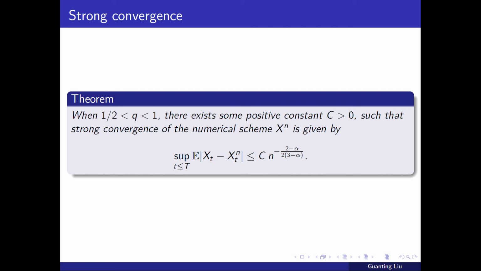When Q is between half and 1, we have the following strong error, with the convergence rate being (2 minus alpha) over 2 times (3 minus alpha). And that's about all of our recent research.